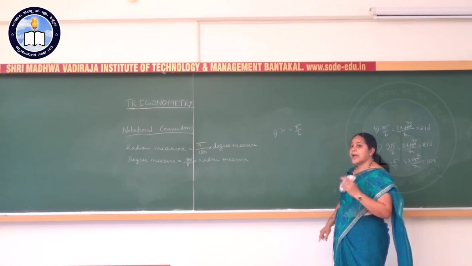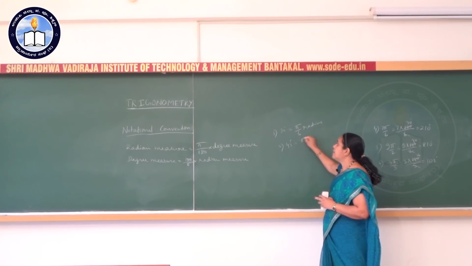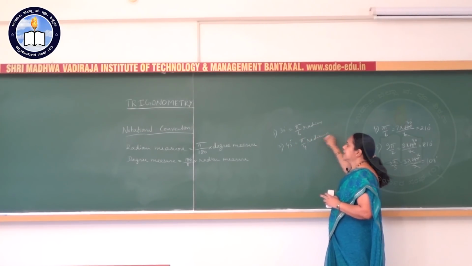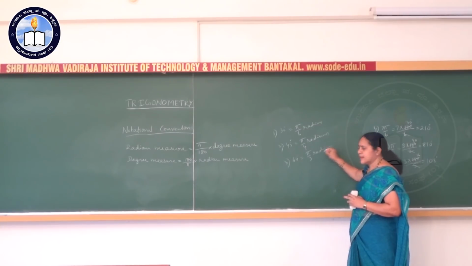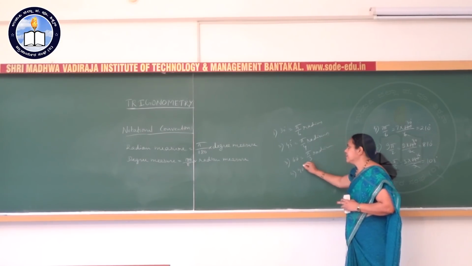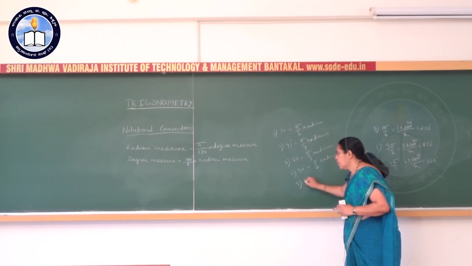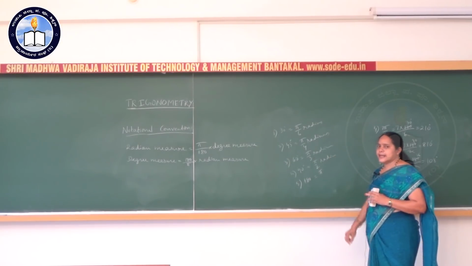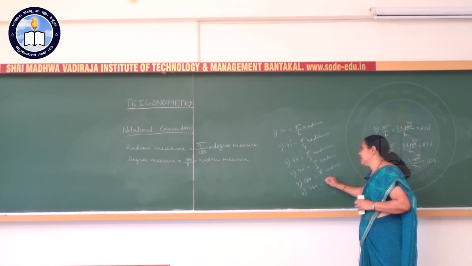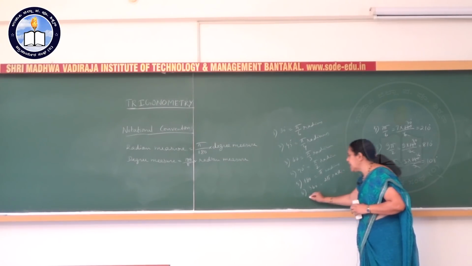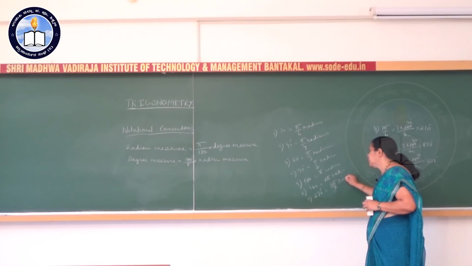30 degrees, it's pi by 6 radians. 45 degrees, pi by 4 radians. 60 degrees, pi by 3 radians. 90 degrees, pi by 2 radians. 180 degrees is equal to pi radians. 360 degrees, 2 pi radians. 270 degrees is equal to 3 pi by 2 radians.